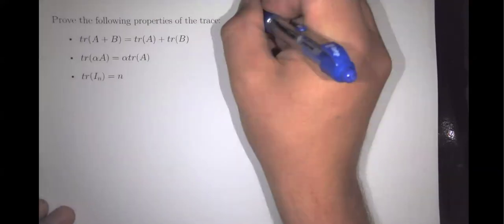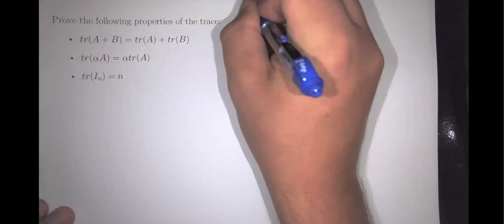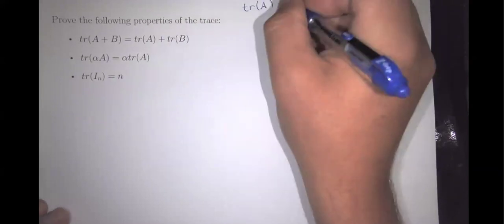In this example, we want to prove some properties of the trace. Remember that the trace of a matrix is the sum of the diagonal elements.